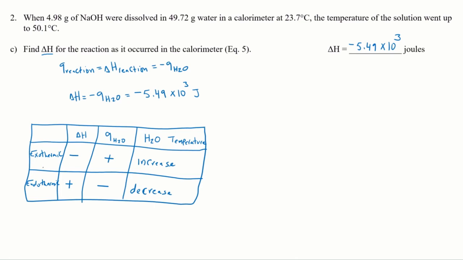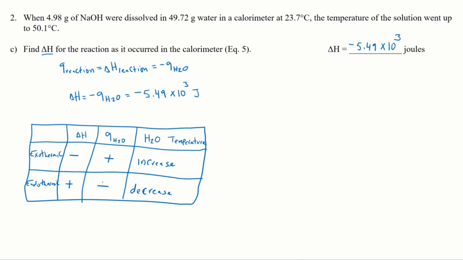Whereas in an endothermic process or an endothermic reaction, energy is required. Energy is absorbed. So we'll notice that Q of water will be negative because water molecules will give off their energy to the reaction because the reaction needs energy.